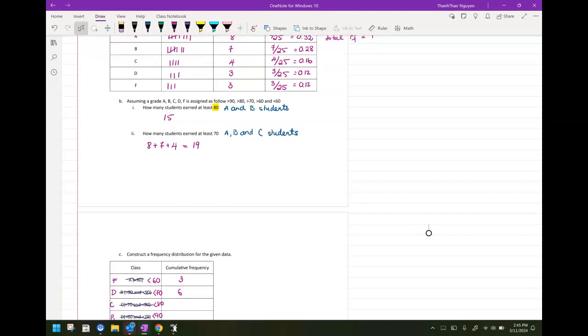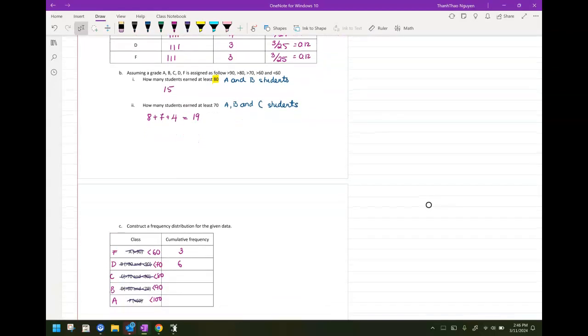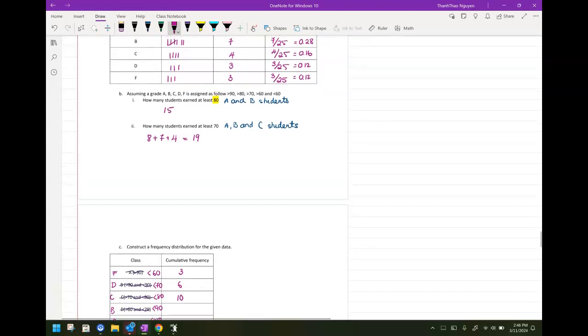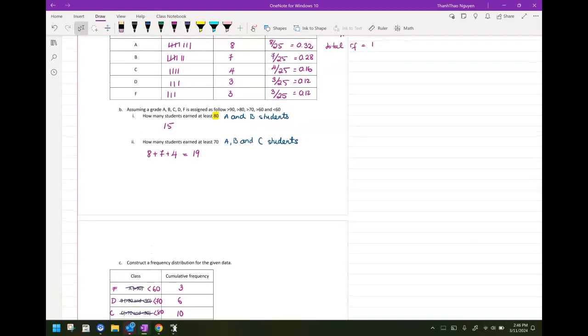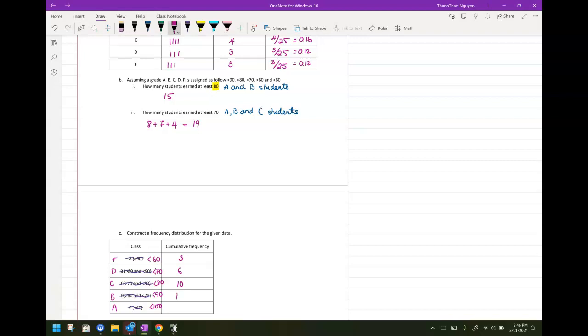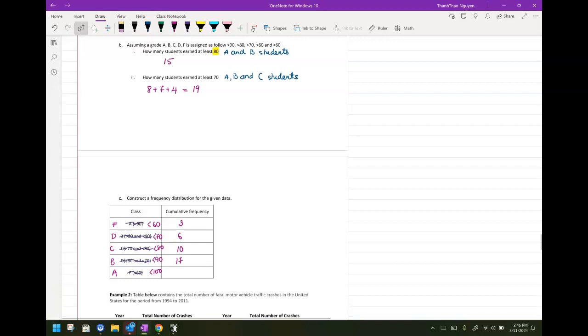Well, then they are in C, D, or F. So there are 10 people in total. Earn less than 90, then they can be B, C, D, or F. So we look at 17. And they earn less than 100 points, so they can be pretty much anywhere. There are 25 students.